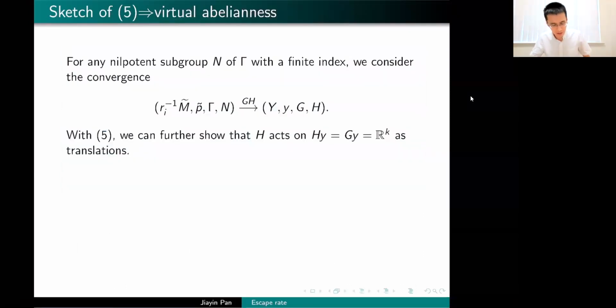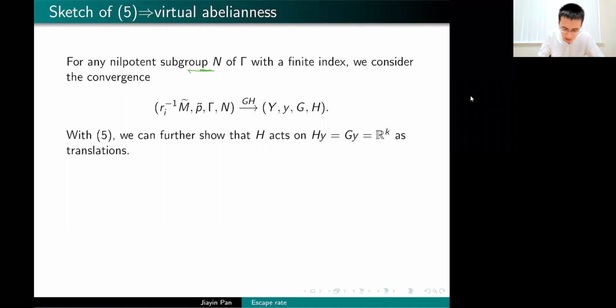So once you get that all of these limit orbits are just Euclidean space R^k, this indeed implies the virtual abelianness. To explain this, because gamma is virtually nilpotent, we can take a nilpotent subgroup N of finite index inside gamma.